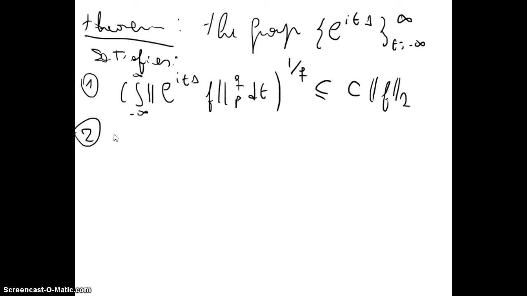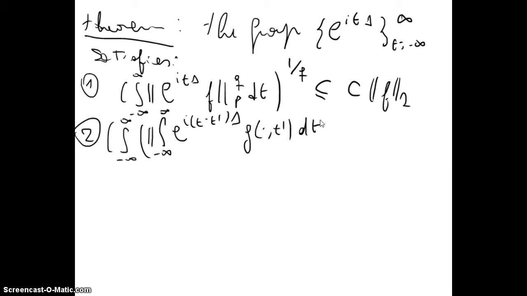And the second is that the norm of the integral of e^{i(t-t')Δ} g(t') dt' in L^q L^p, with a dt here, to the 1 over q, is less than or equal to c, and the integral from minus infinity to infinity of the norm of g, again, in L^{q'} L^{p'} dt, and all this to the 1 over q prime.